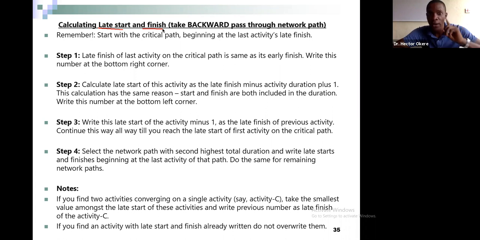Early start will be day 1. Maybe you start the activity late, so your late start might be day 2, depending on your calculation.